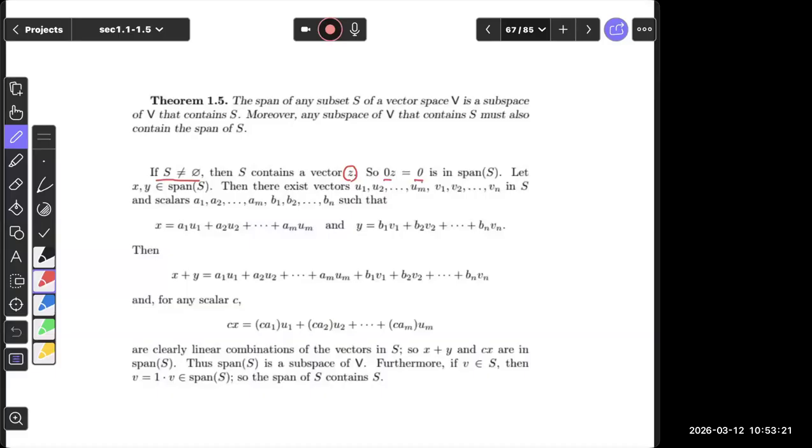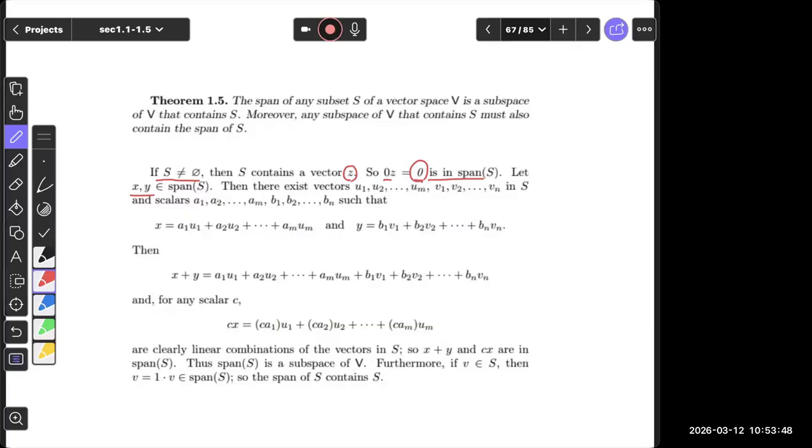Now, in order for the span of S to be a subspace, I need to show that x plus y must be included in the span, and also that any scalar multiple of x must be included.